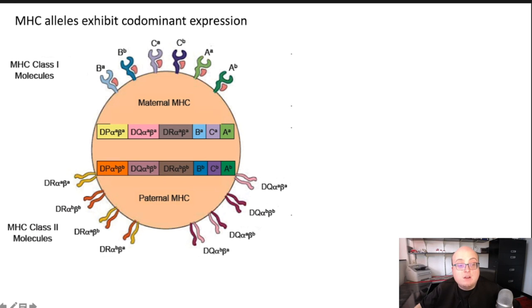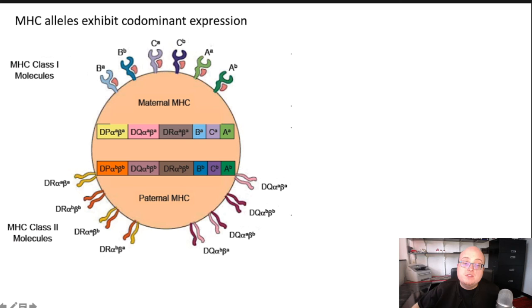So when we make our functional DR proteins, we might have alpha A with beta A, alpha B with beta B, or alpha A with beta B and alpha B with beta A. So 4 possible combinations here.